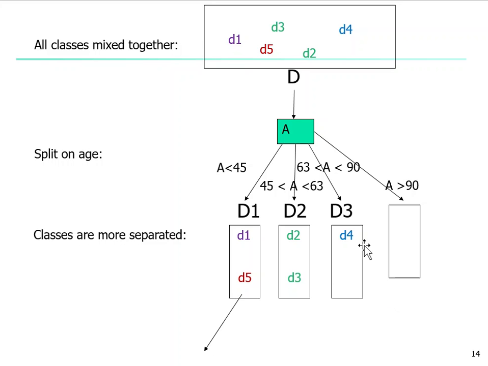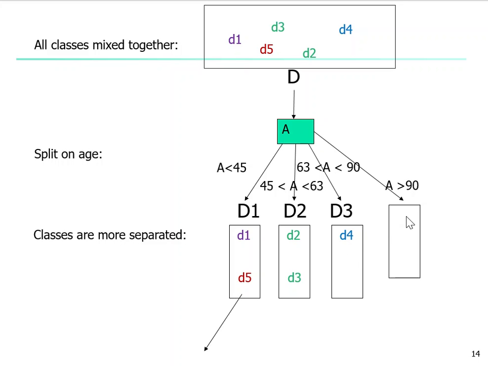The situation that could happen is that for D2 and D3, all the observations they have belong to the same class, so there's no need to further divide them. Any observation that lands in this box will be labeled as green, and any observation that lands in this box will be labeled as blue.